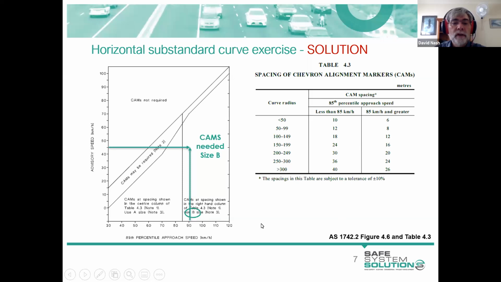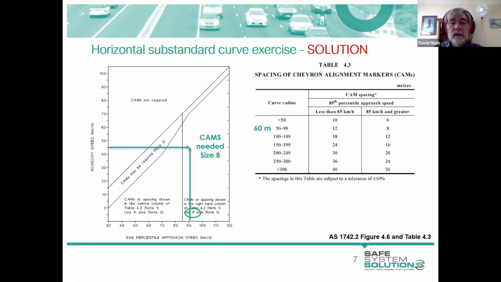And use the B size. Some of you might have got a bit confused about whether you need the B or C size for the curve warning sign compared to what size you need for the CAMs. But this clearly indicates that it's the CAMs that need to be the B size.